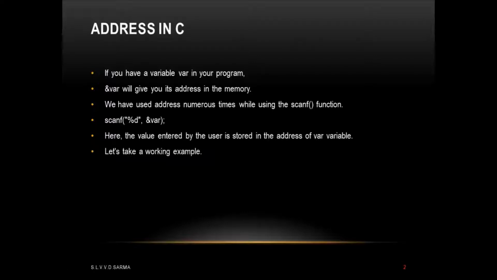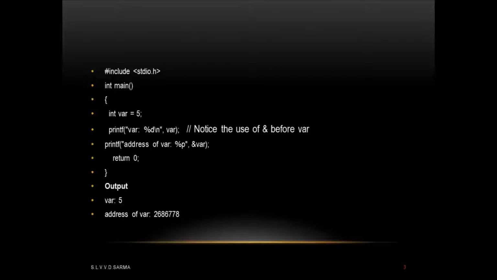Let's take one example. Hash include stdio.h, int main. I declare one integer variable, int VAR equal to 5. So I declare one integer variable with the name VAR, and we give the initial value 5.